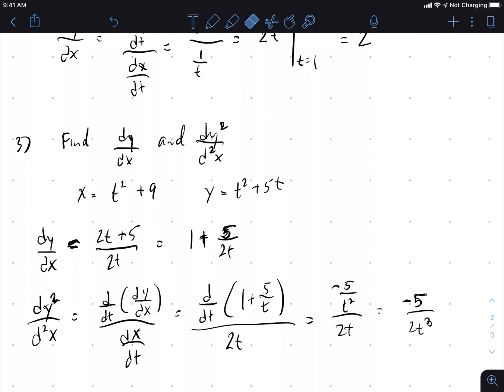Hold on. Let me make sure. Actually, let me work it out. I want to make sure we're all good. Oh, I'm silly. I left out the 2.